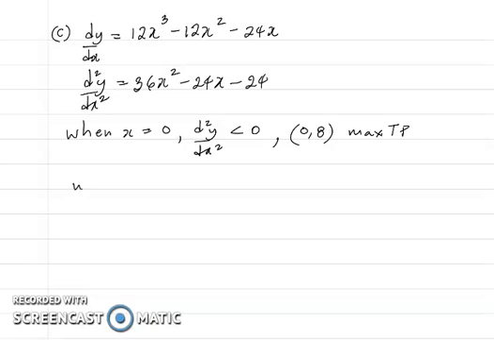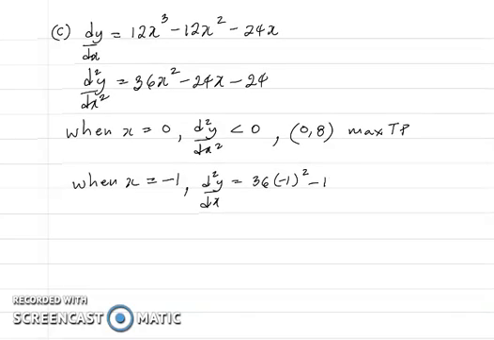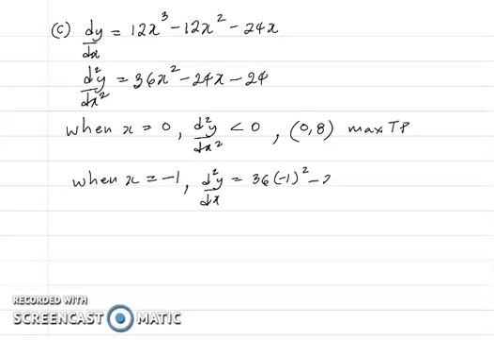I'm going to also say when x is equal to minus 1, d2y by dx squared would be equal to 36 times minus 1 squared, minus 24 times minus 1, minus 24.